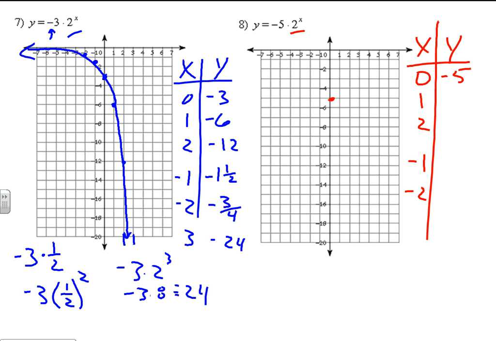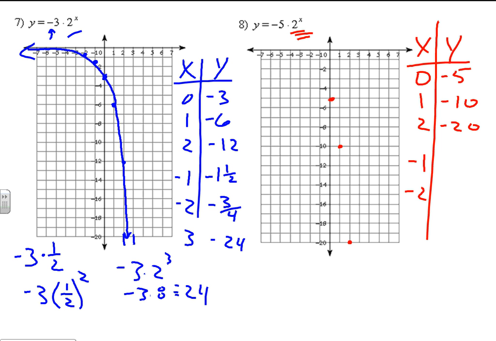Okay. Put in 1. 2 to the first, 2 times -5, -10. By the time I'm at 1, I'm down at -10, running out of room fast here. Let's see, do we have room? Put in 2. I get 2 to the second, 4 times -5, -20. 2 is -20.